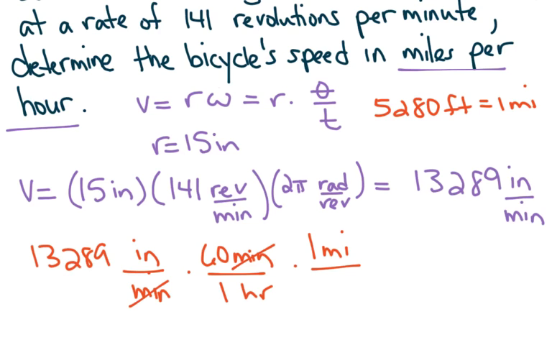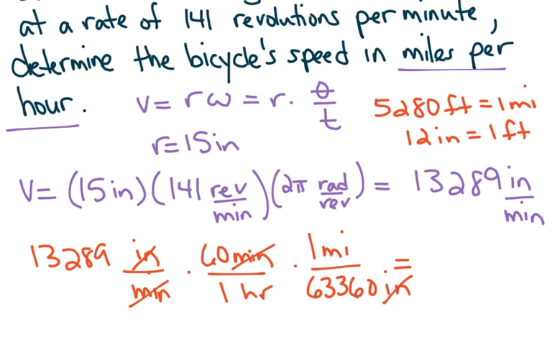So if there are 5,280 feet in a mile, and there are 12 inches in 1 foot, I can find the number of inches in a mile by multiplying 5280 times 12. 5280 times 12 is 63,360 inches. Now that will get rid of this, and when I'm done multiplying this out, I'll be left with miles per hour.